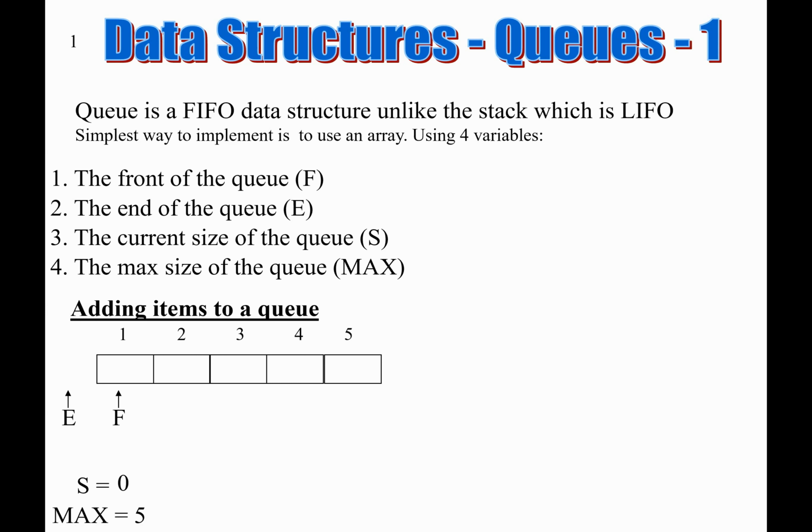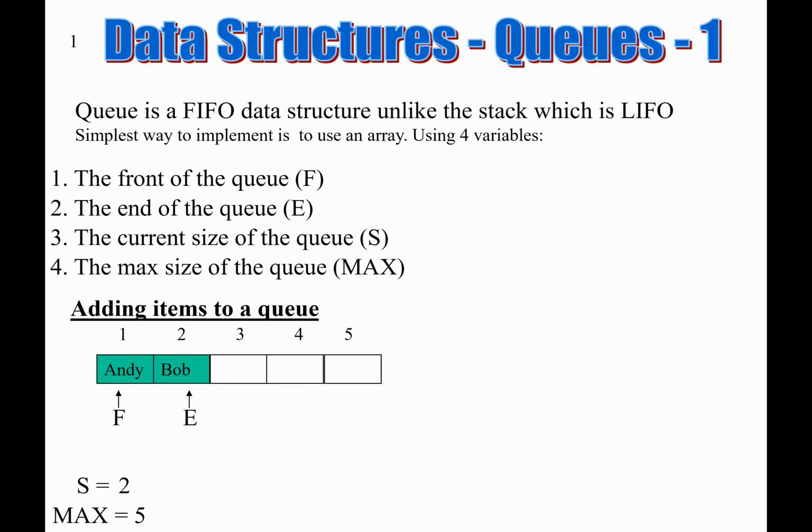We all know that we add items to the end of the queue and you join at the end. And we remove stuff from the front. So what I did then was I added one to our end pointer and then put the item where the end pointer is. So if I add another one, add one to the size, I move one to the end.